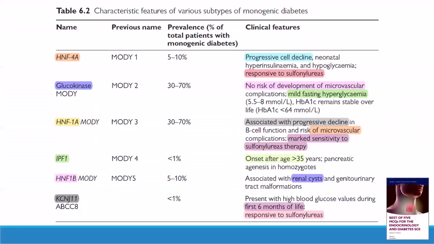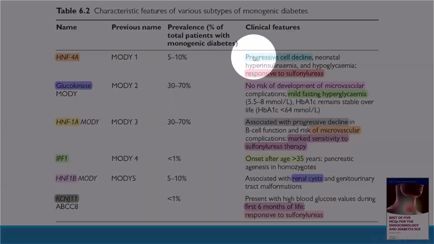Another summary: HNF4 alpha, progressive beta cell decline, responds well to sulfonylurea. Glucokinase, mildly elevated fasting hyperglycemia, no microvascular complication, no treatment is required except during pregnancy, which may require insulin therapy.